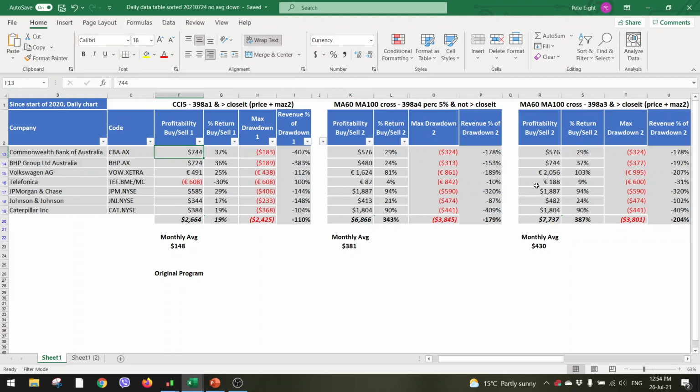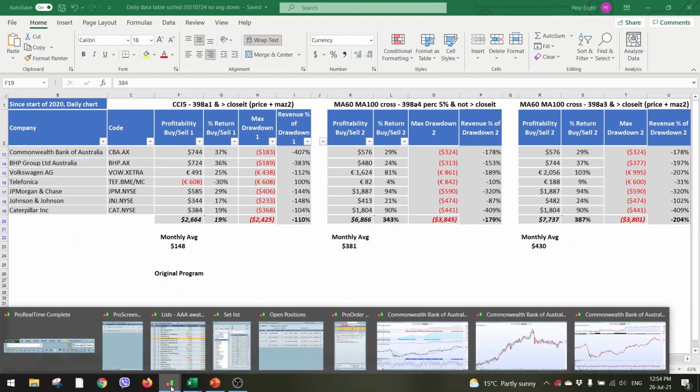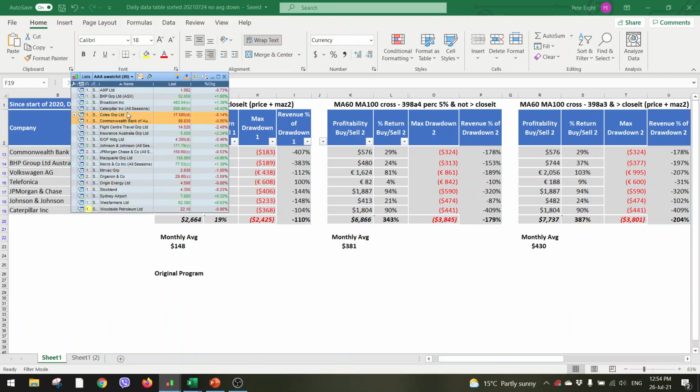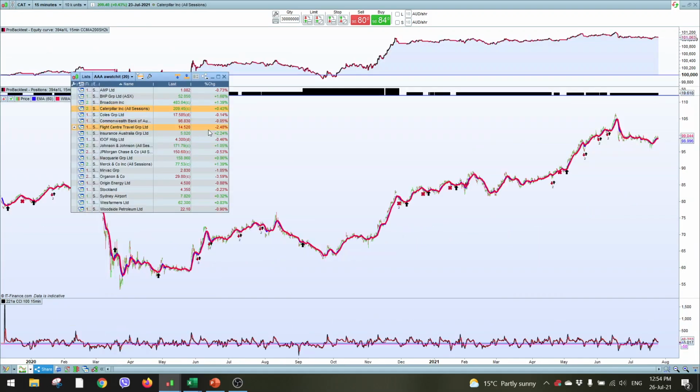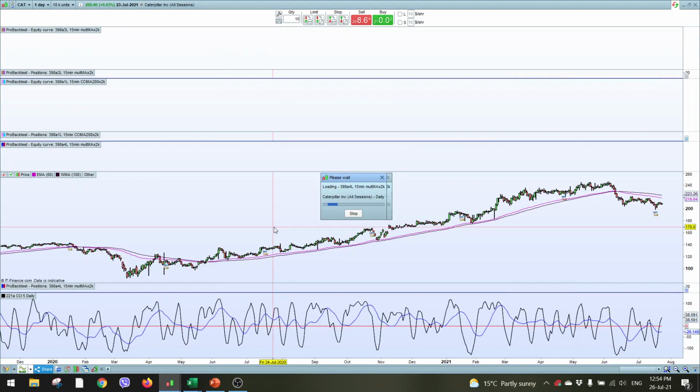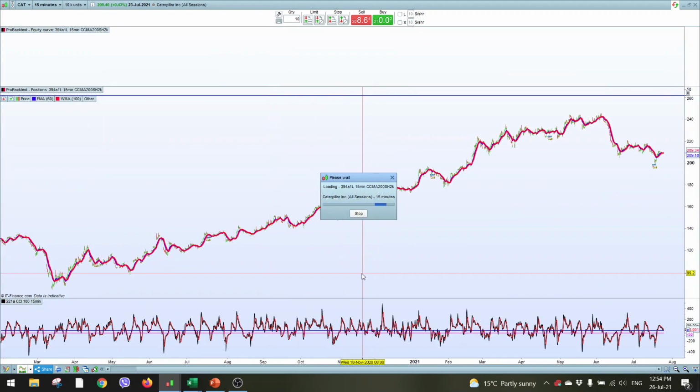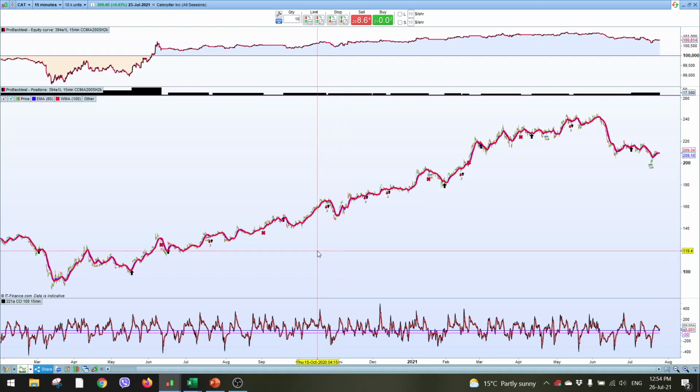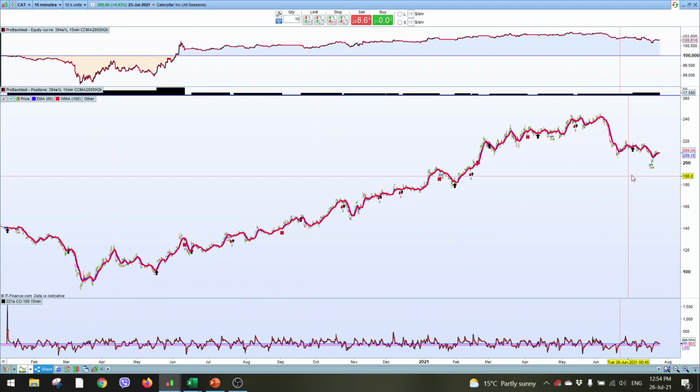Let's go to one that's a bit different. Let's say Caterpillar. Caterpillar is a good example, okay? You look at the 15-minute chart first.